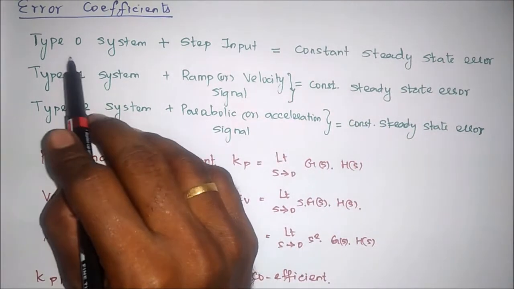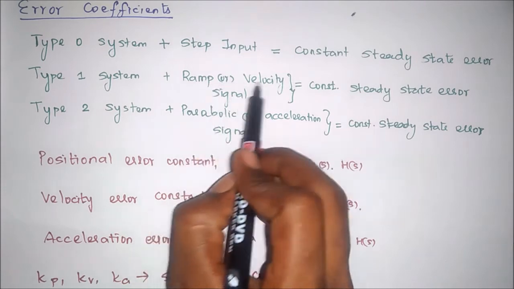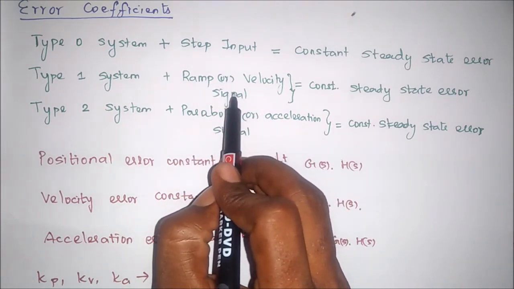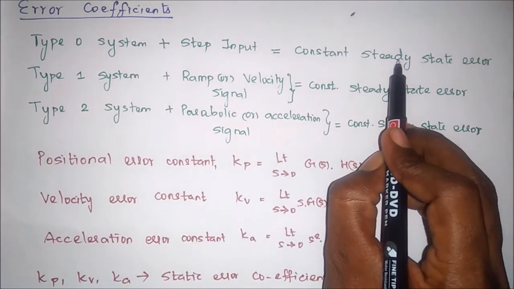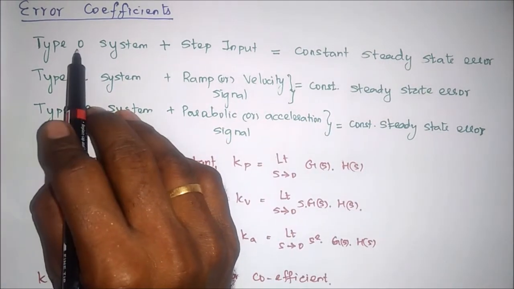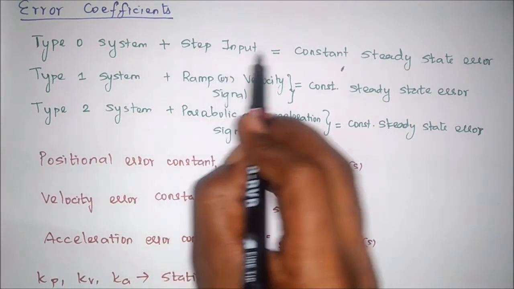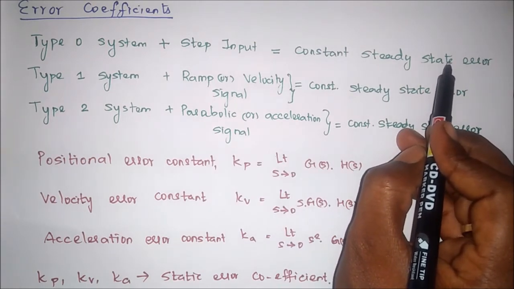Suppose for a type 0 system we apply a ramp or velocity input signal, we may get 0 or infinity, but we cannot get a constant steady state error. According to the definition, for a type 0 system, when we give step input, we will get a constant steady state error. So this is the coefficient.